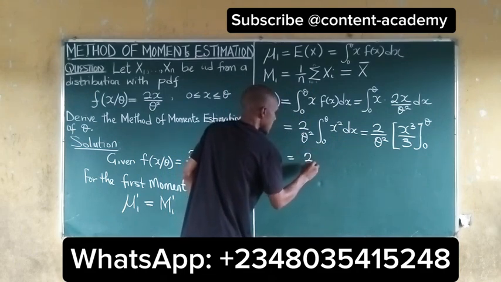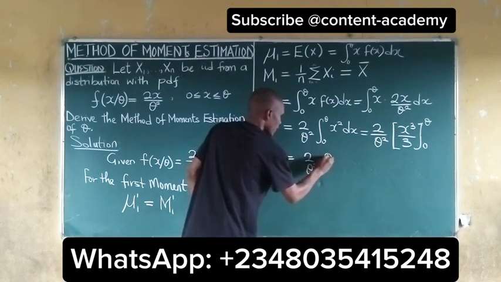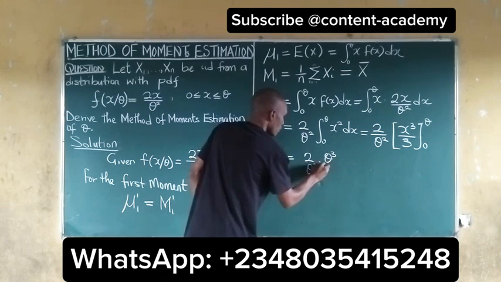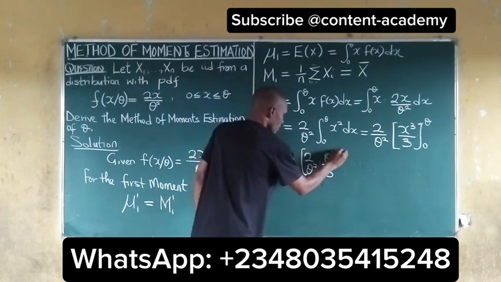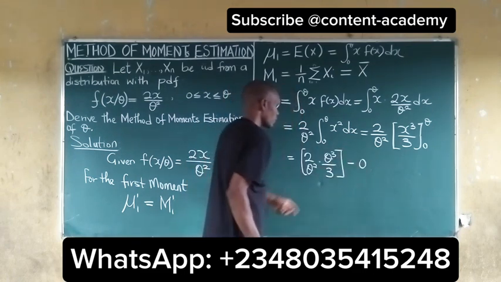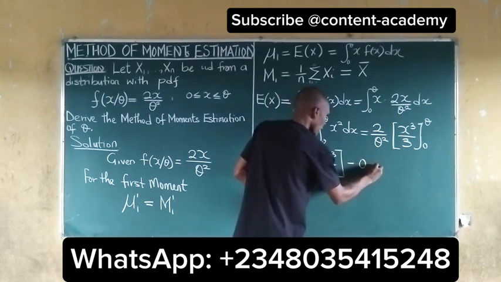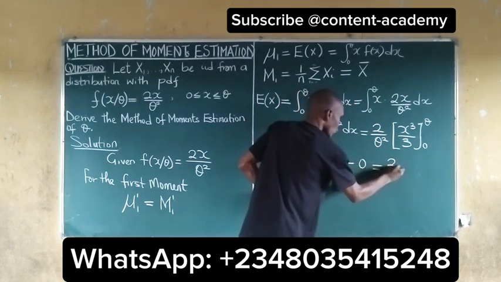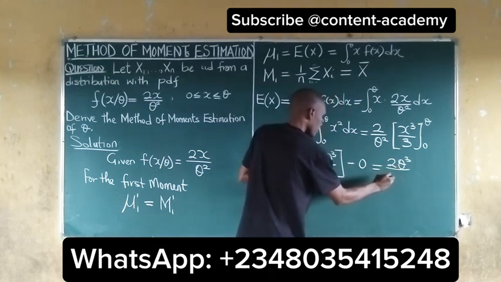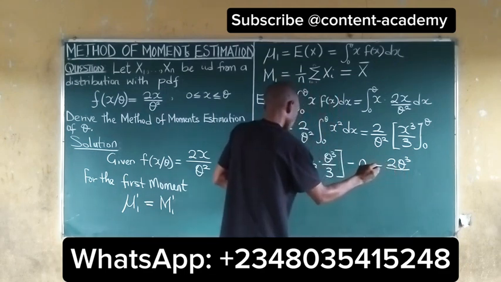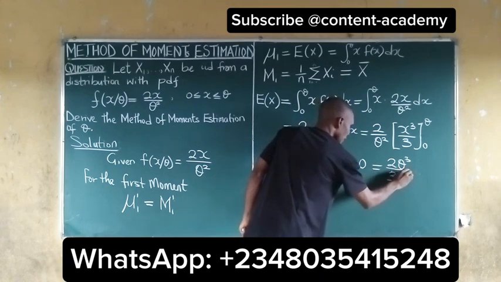So it is equal to 2 over theta squared multiplied by theta cubed all over 3, minus 0. We can write this as 2 theta raised to the power of 3 all over 3 theta squared.